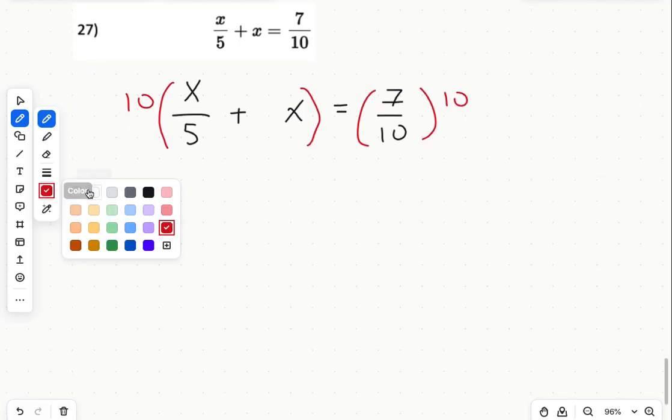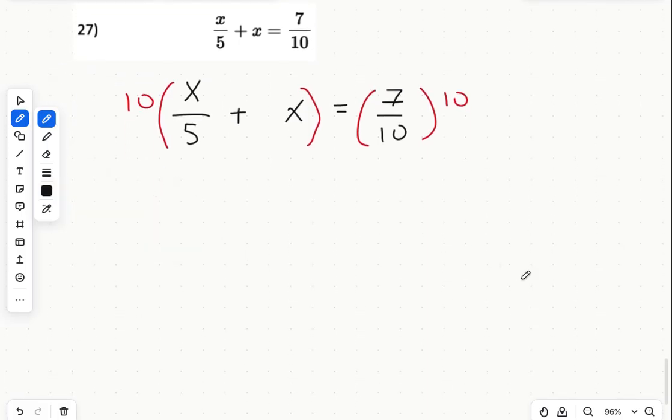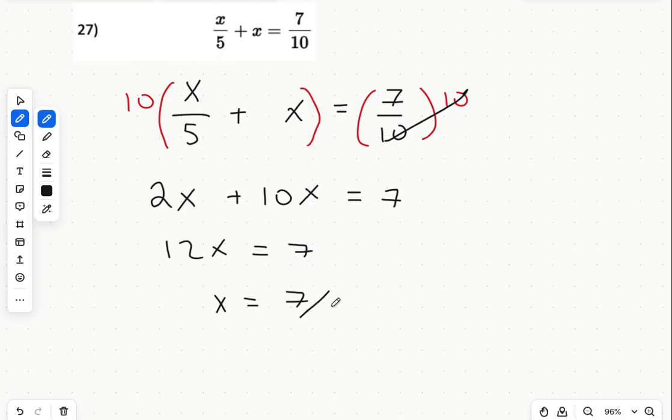So there I would have 10 over 5, so 5 goes into 10 2 times, so 2x. Careful not to miss the x, even though it's not a fraction, it still has to be multiplied because we're multiplying everything. So that would be plus 10x, and over there the 10s just cancel, and we got 7. 2 and 10 would give us 12x equals 7, and divide by 12, and x equals 7/12.